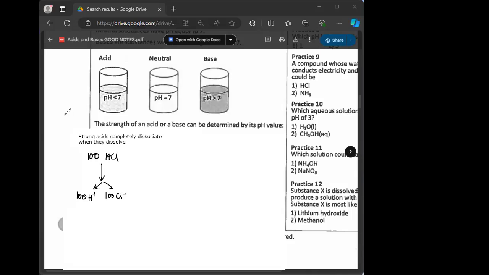Okay. Now what happens is that weak acids will not do that. Weak acids do not completely dissociate when they dissolve in water.